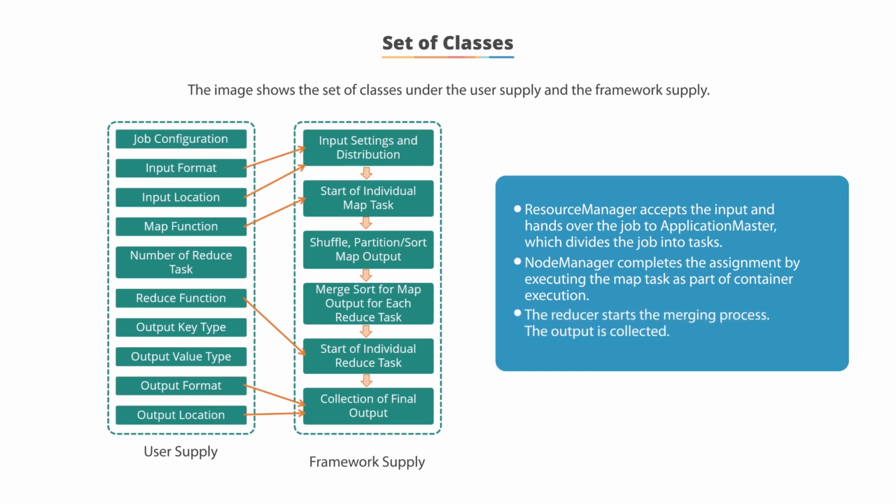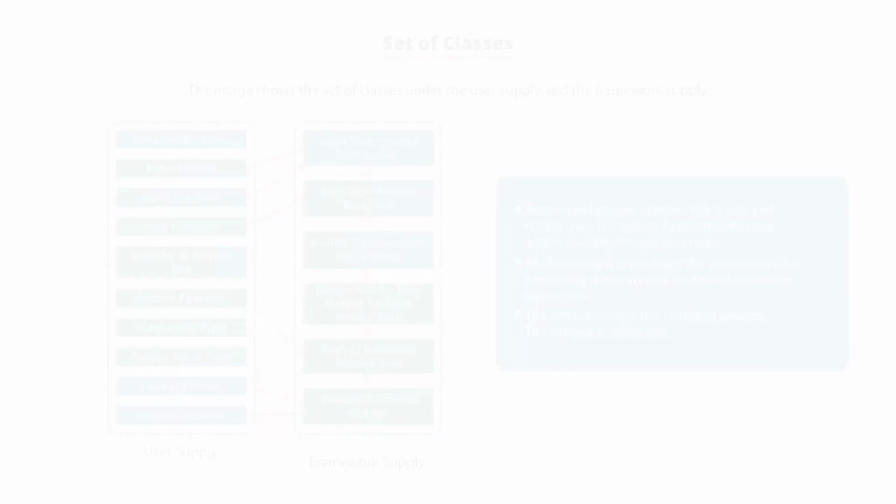Once the sorting is complete, the reducer starts the merging process. This is also called the reduce task. The final step is collecting the output, which is performed once all the individual tasks are completed. This reduction is based on programming logic.